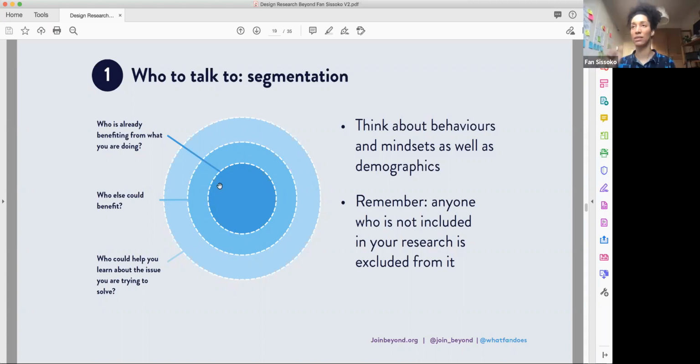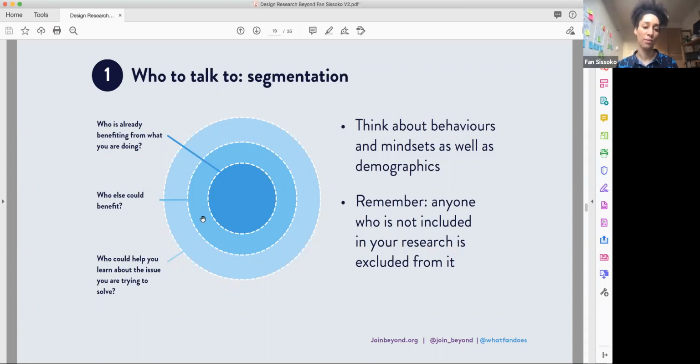And then you can start asking questions, like what can I ask them about what they've experienced with me or with my organization? Who else could benefit from what I'm doing? And in that case, the question becomes more, how can I reach them? Or what can I learn about them that will tell me why they're not already accessing my service?